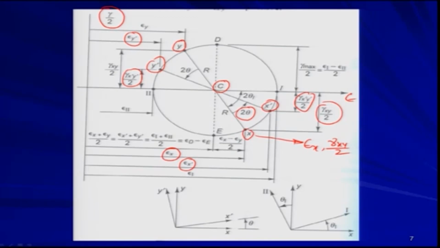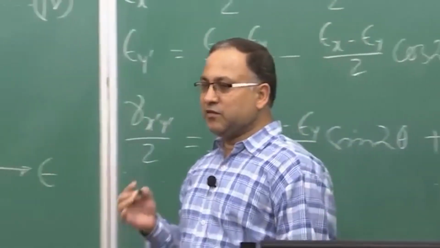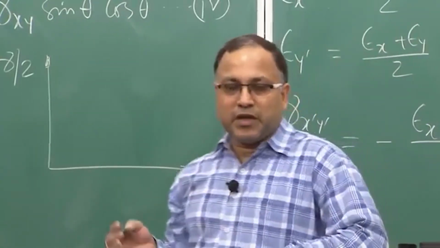Now, there are a few things which are pretty similar to stress. Here also you get 2 points, point 1 and point 2, where you have the maximum possible normal strain and minimum possible normal strain without any shear strain. These normal strains are known as principal strains, and the planes on which they act are known as principal planes.